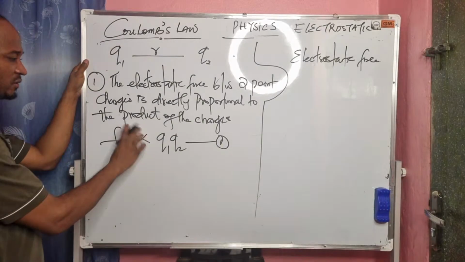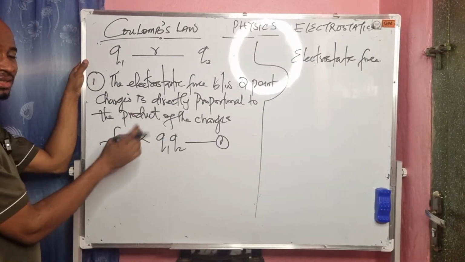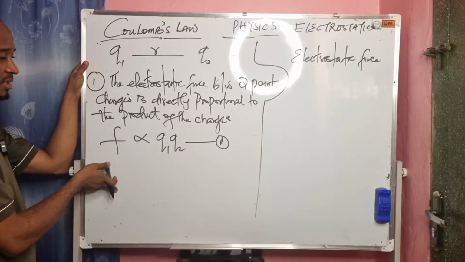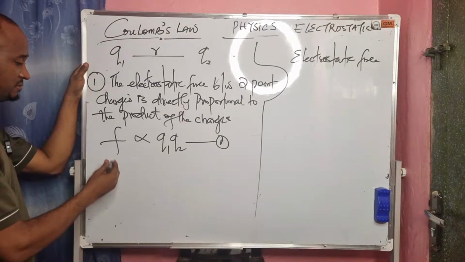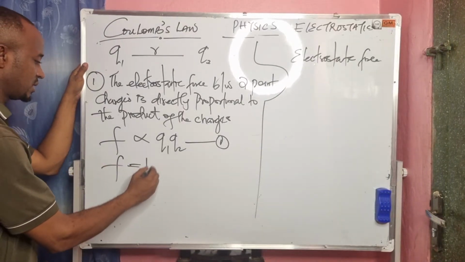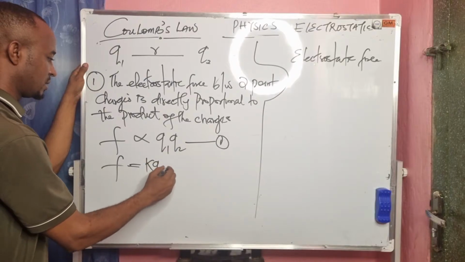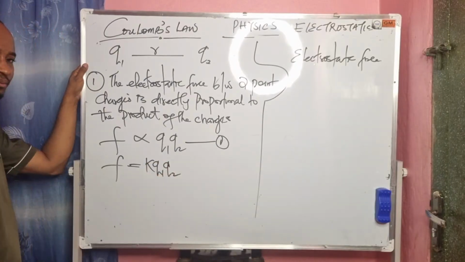By the time I take off this sign of proportionality in mathematics, this is a direct relationship, right? I'm going to introduce a constant, meaning my force is equal to K Q1 Q2.